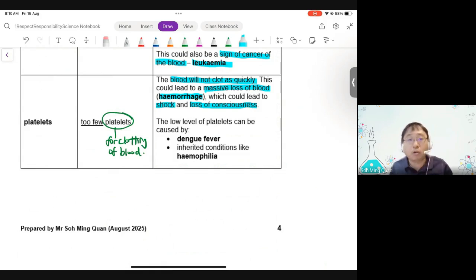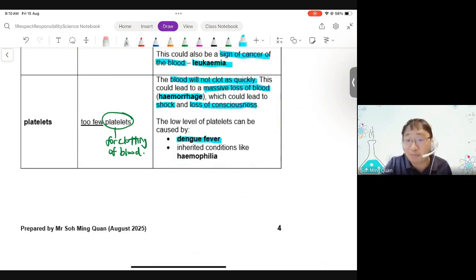Now, the low level of platelets could be caused by a few things. Dengue fever. Dengue fever is a disease whereby the platelets are destroyed. Okay, so the particular virus that causes dengue fever does not kill but destroys the platelets. Remember, platelets are not living cells, so they can't be killed, they are destroyed. Okay, so dengue fever actually decreases the amount of platelets.